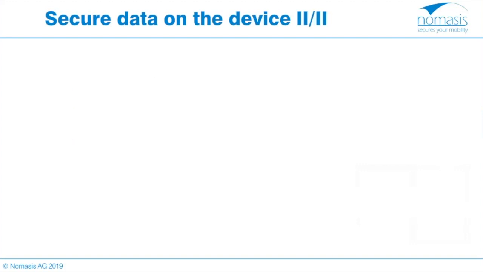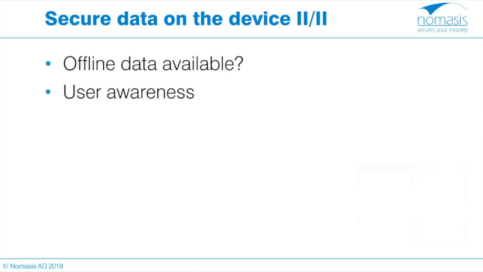Now, another point of view we have to pay attention to when we talk about securing data: will you actually have offline data available in your apps on your mobile? Then, of course, we have to pay attention to that as well. If you're just doing online access to SAP backends, there will be no data besides the login and server name on the device itself. And, of course, user awareness.